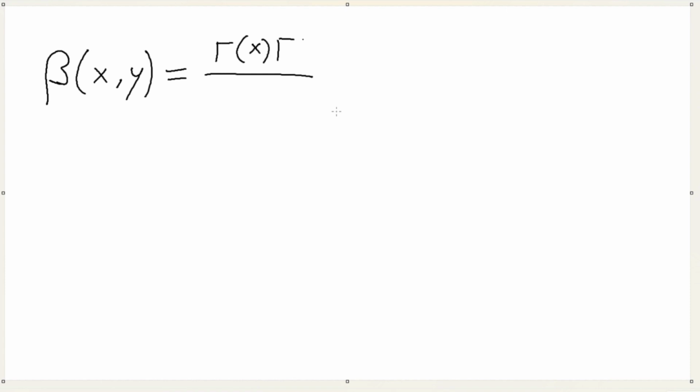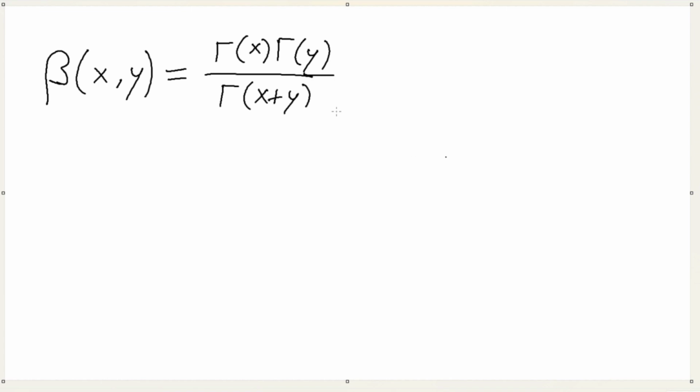So now, what is the beta function? The beta function, with two variables x and y, is defined like this, and the beta function is equal to gamma x, gamma y, over gamma of x plus y.